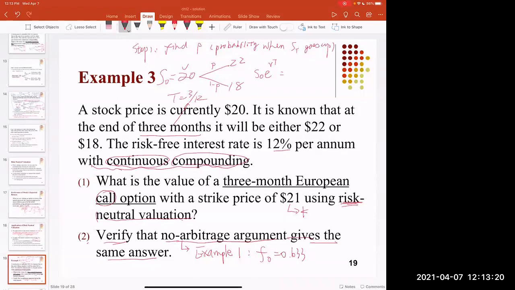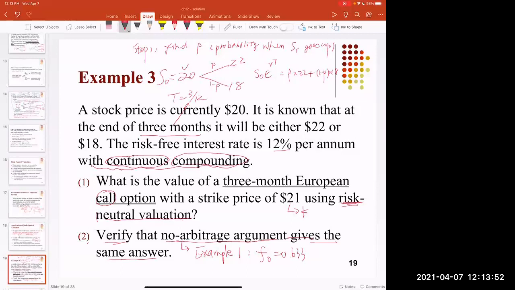You should have learned this from Finance 312, the expected value based on the probability. We take probability P times 22 when the stock price goes up. And when the stock price goes down, the probability 1 minus P times 18. So the right-hand side is an expected value, and the left-hand side is an expected value. So they should be equal.